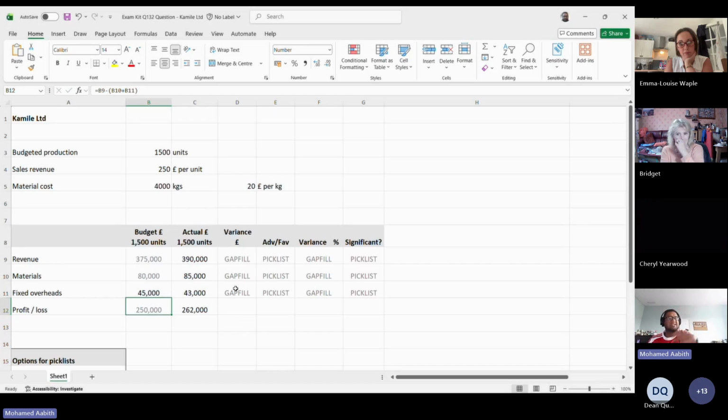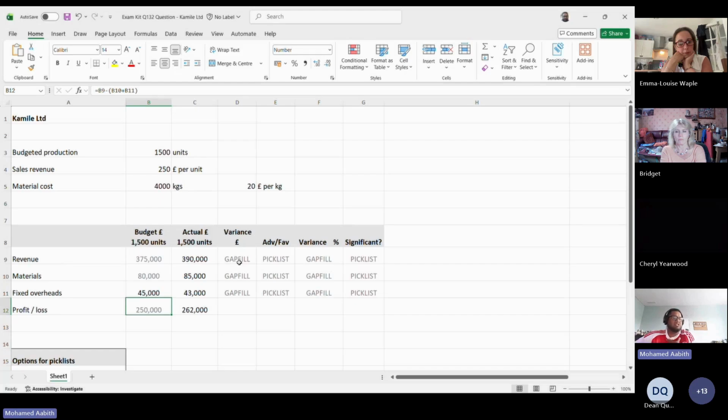Now, what is the next thing we're going to look at? It's what we call the variance. Variances are calculated to check your budgeted figure against your actual figure. If you performed well in revenue, you must have more actual revenue than your budgeted revenue.